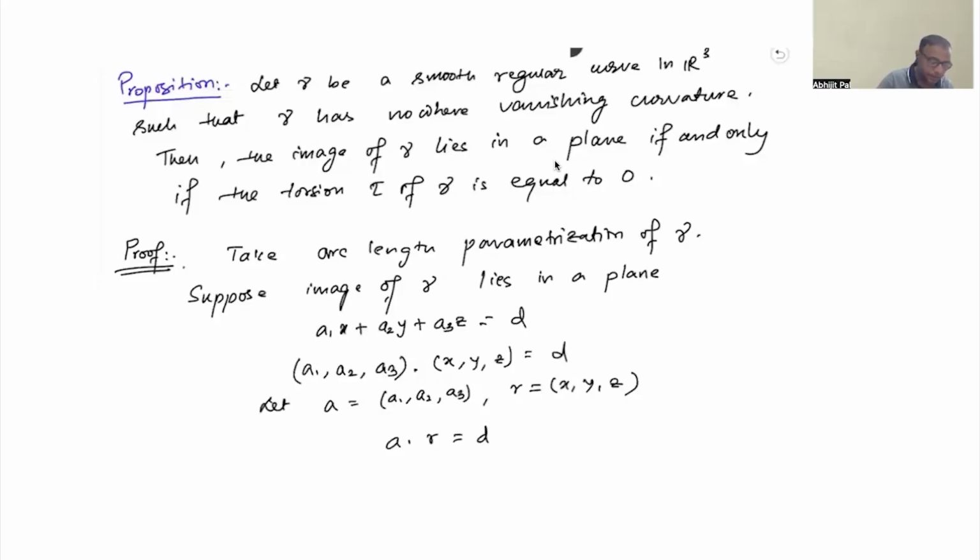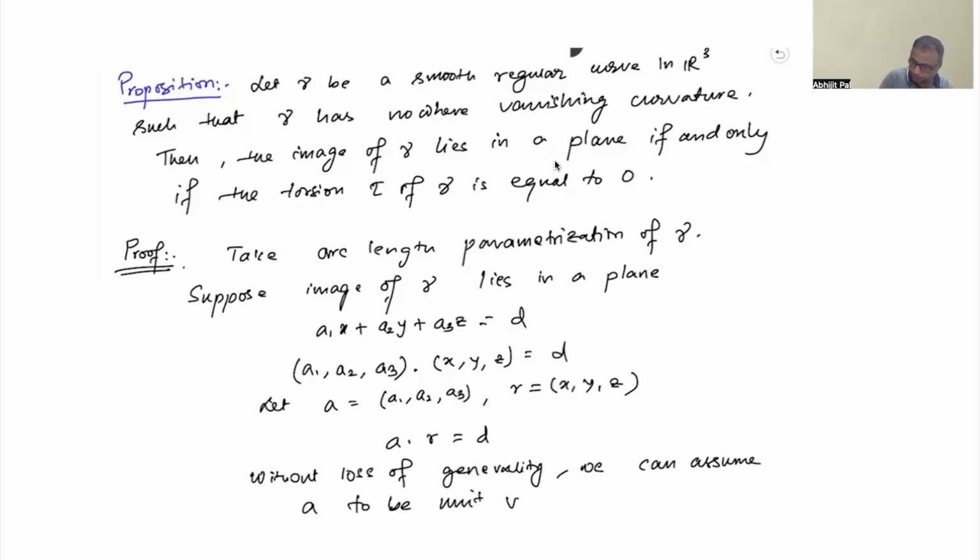Also, without loss of generality we can assume a to be a unit vector. If it is not a unit vector, then divide both sides of this equation by the norm of a.